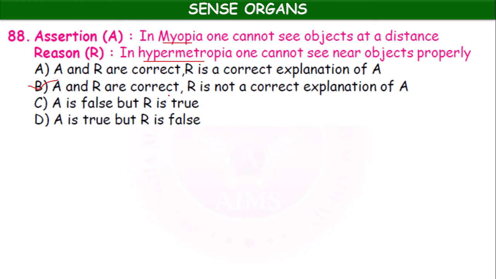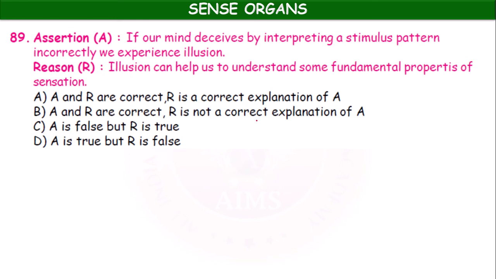Next, the last question. Assertion: if our mind deceives by interpreting a stimulus pattern incorrectly, we experience illusion. Reason: illusion can help us to understand some fundamental properties of sensation. Both are correct, but reason is not giving support to the assertion.